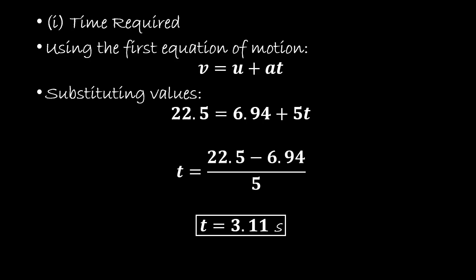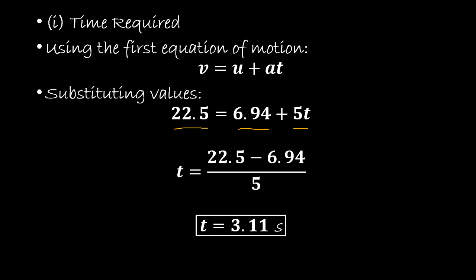So it's going to be our v, which when converted, we had 22.5 meters per second. We are just substituting them in. Our u, when converted, is 6.94 meters per second. Our acceleration was 5 meters per second squared.